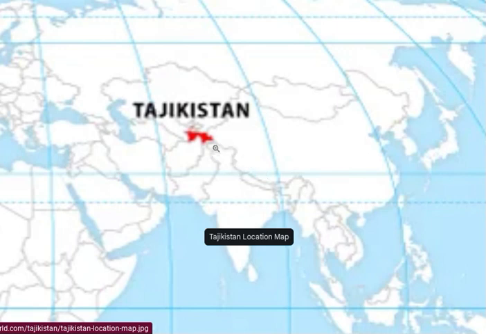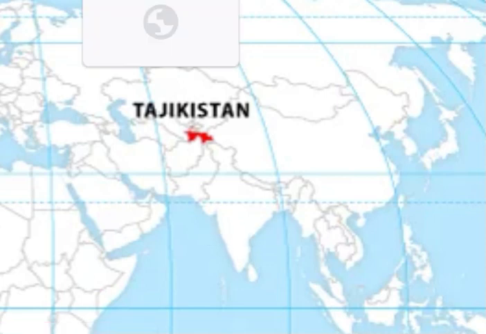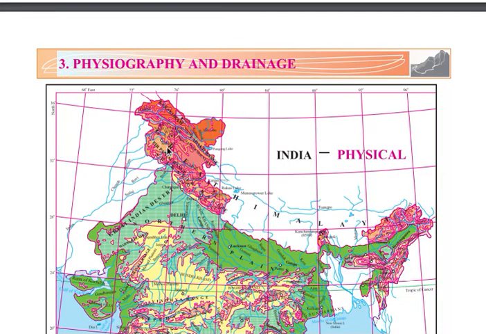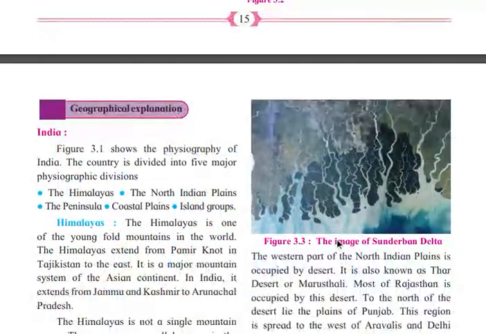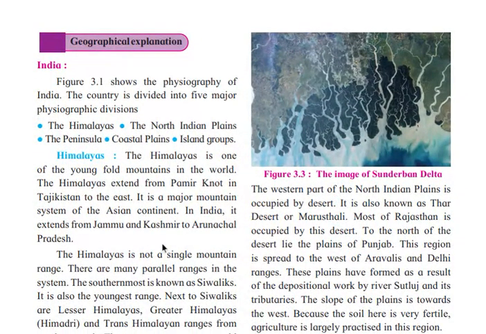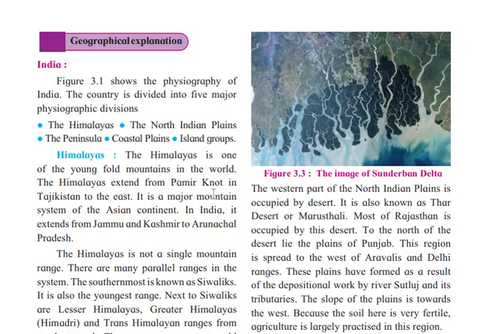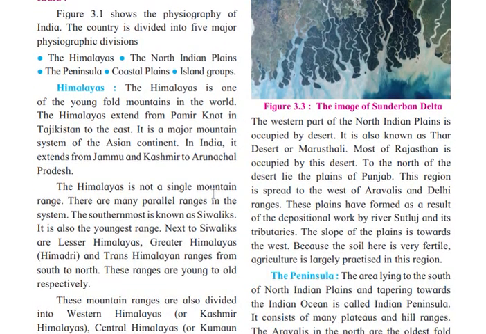From Tajikistan it is starting and going in the eastern direction. That's it, we need to know it. From here to here it is extending, and it is a major mountain system of the Asian continent.